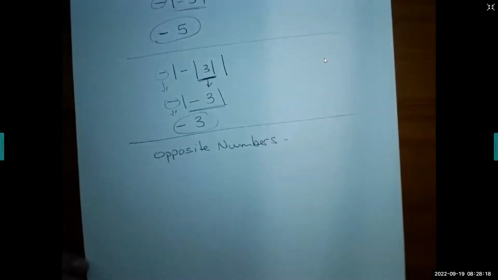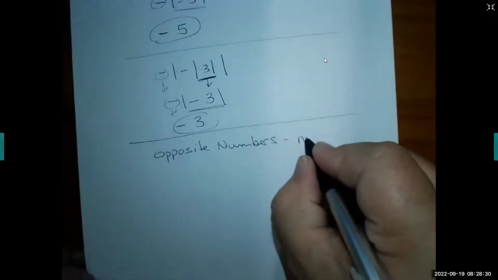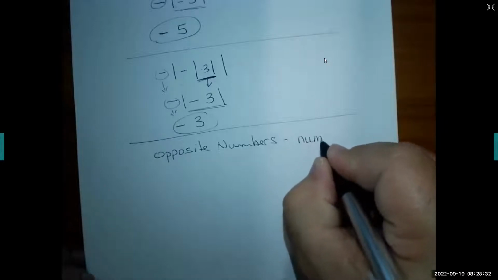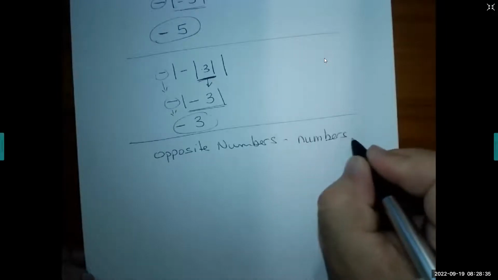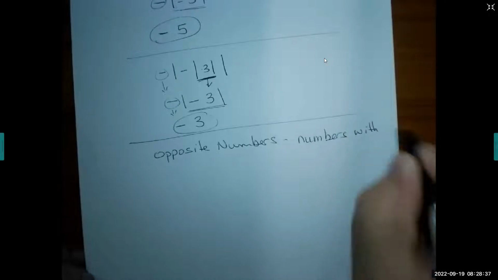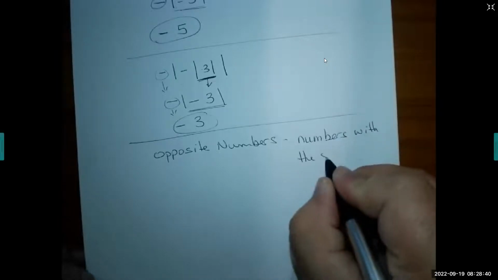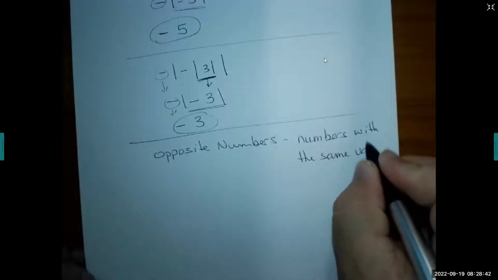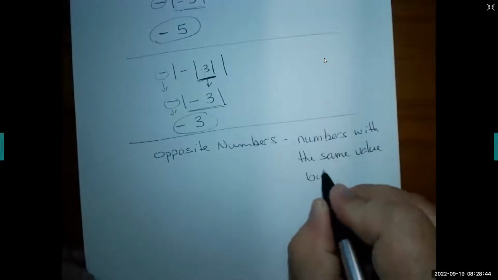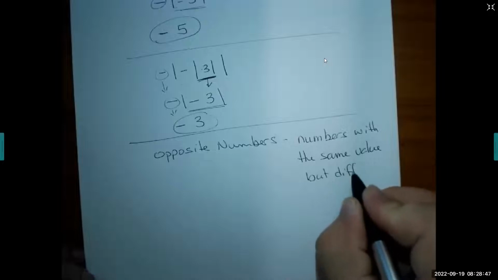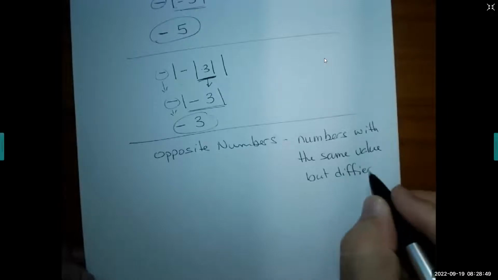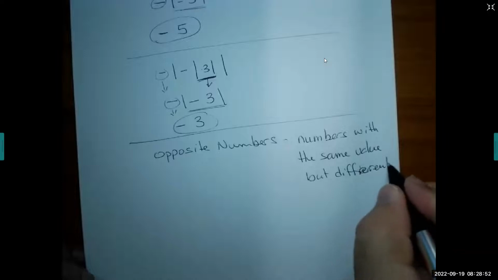What are opposite numbers? Numbers with the same value, but different signs.